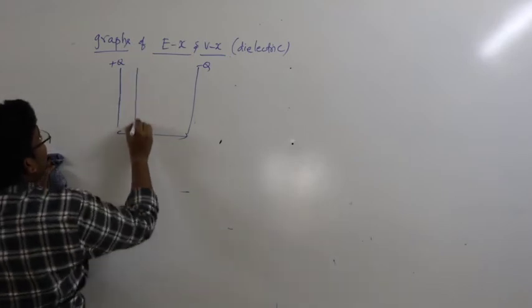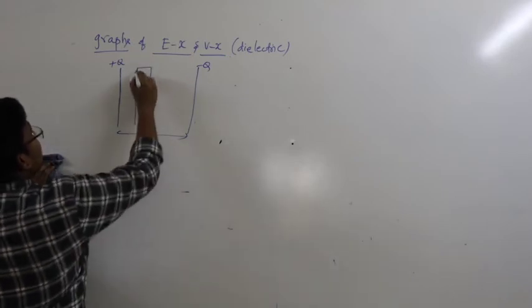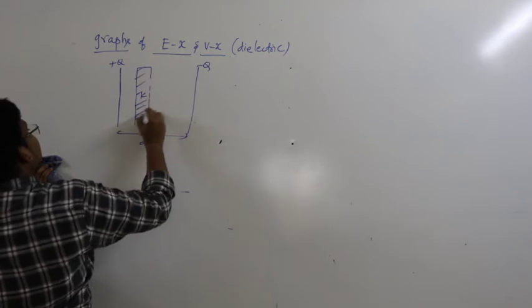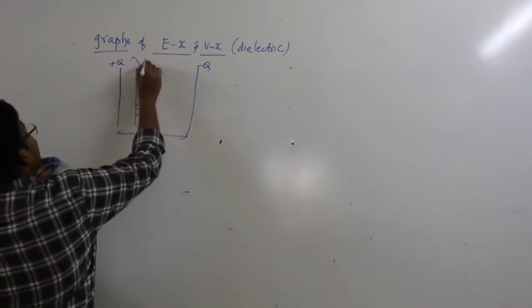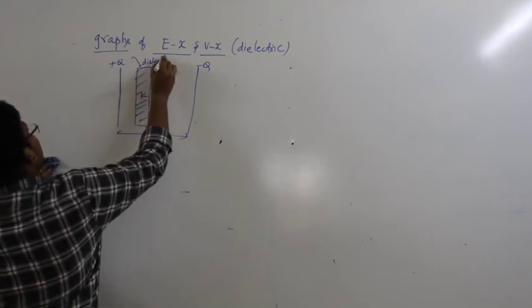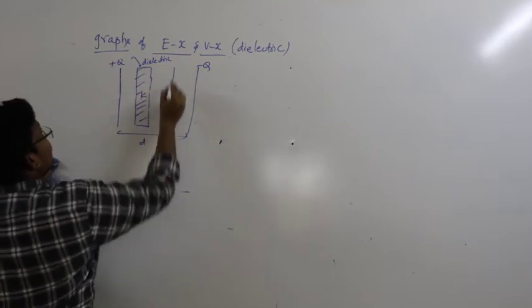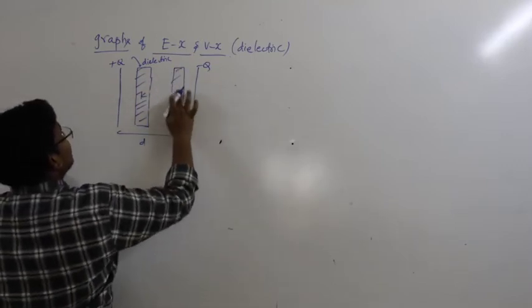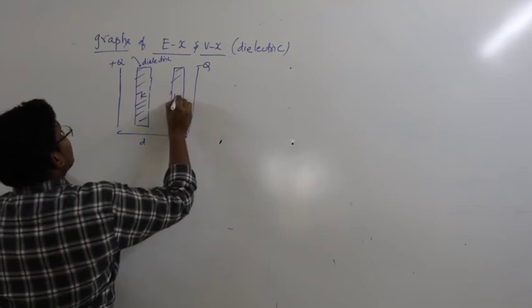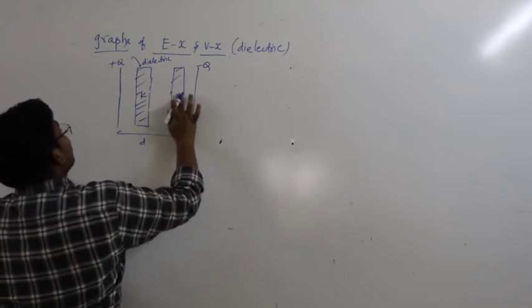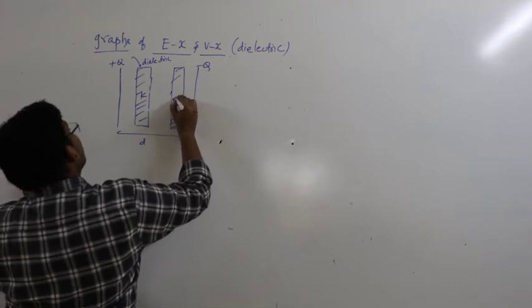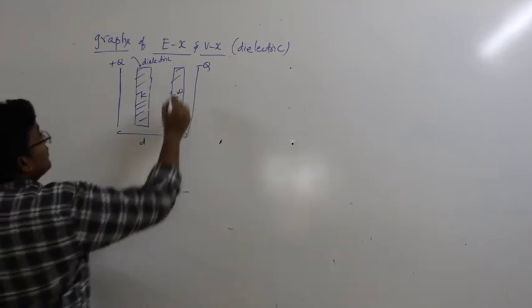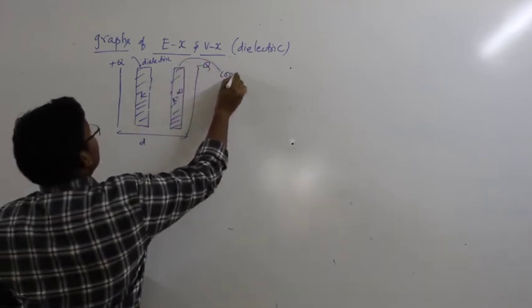Now here I am keeping some dielectric, this is the dielectric, and here I am taking one more material, which is called a conductor. For a conductor, what is the k value? Infinity. This is a conductor.